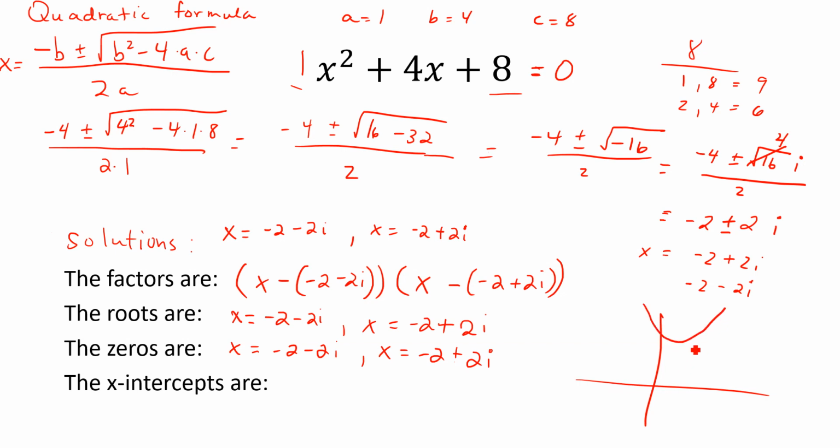Like that. And that actually does not have any x-intercepts, so in this case we say no x-intercepts, even though we have solutions and even though we have factors. Okay, it's going to be something tricky to figure out, but eventually I know that you guys can remember it.